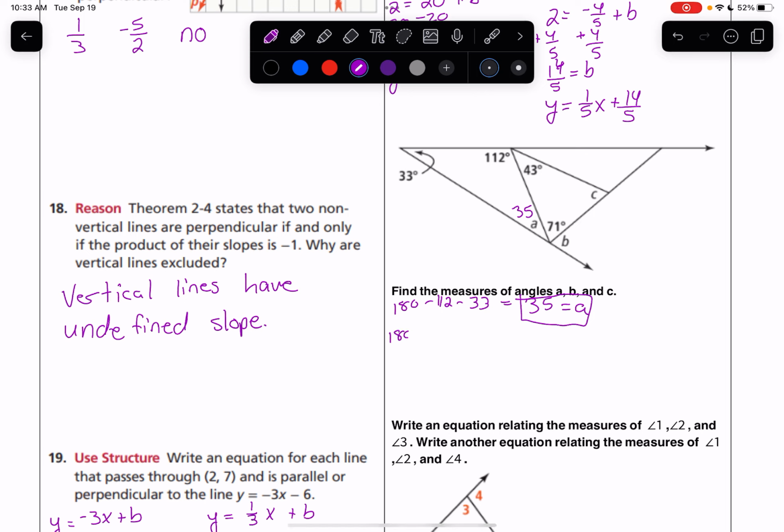So 180 minus 71 minus 35 is going to give us 74 degrees for angle B. And then angle C we can find because we have two of the other sides of the triangle. So angle C will be 66 degrees.